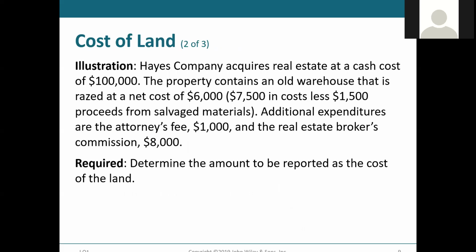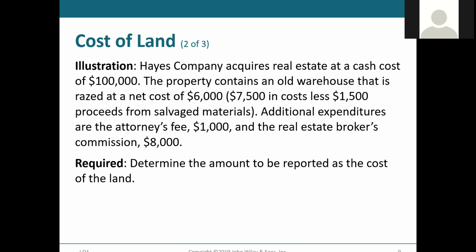And here's an example. Hayes Company acquires real estate for $100,000. The property contains an old warehouse that is razed at a cost of $7,500, but they managed to get $1,500 back in salvage. There were additional expenditures, and you had a real estate broker's commission.